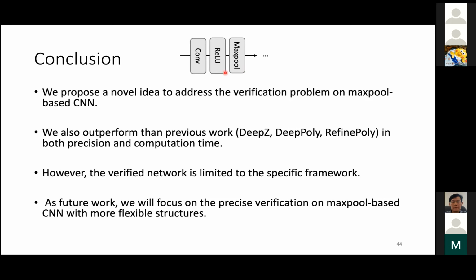So if today you give me a network whose operation order is not like this kind, then we cannot help you verify the network. So as future work, we will focus on precise verification on maxpool-based CNN with more flexible structures. So it's the end of my presentation. Thank you.